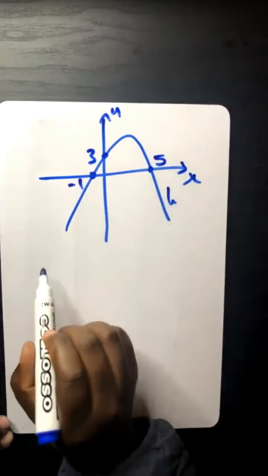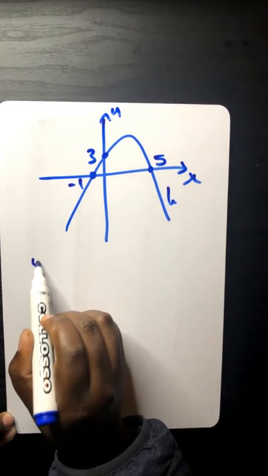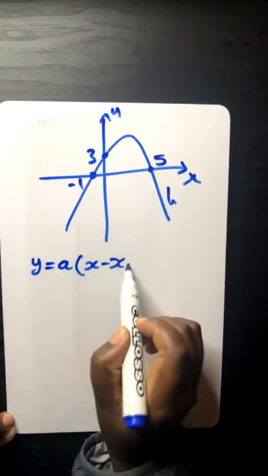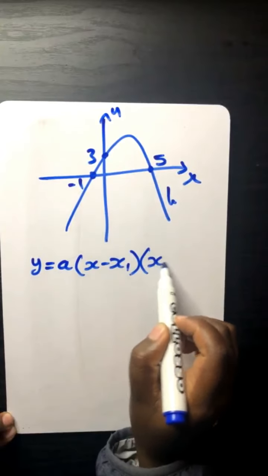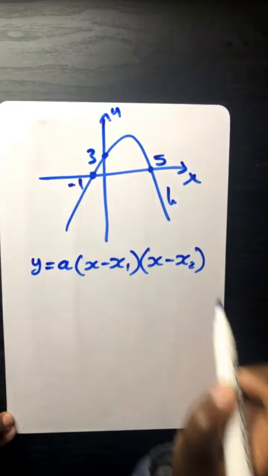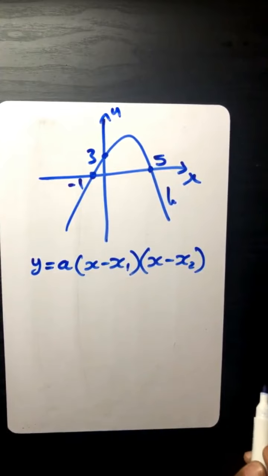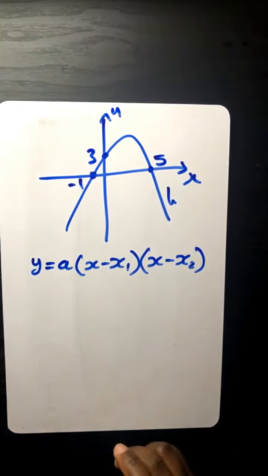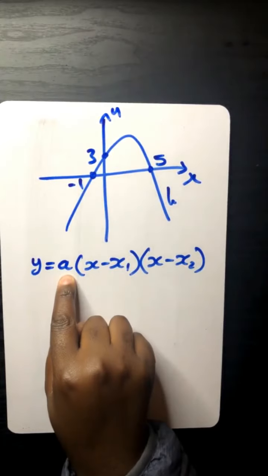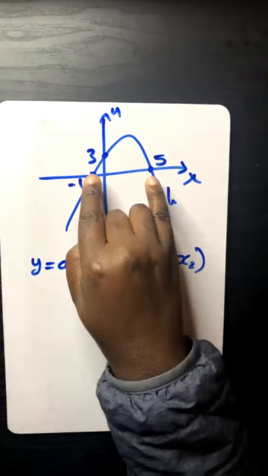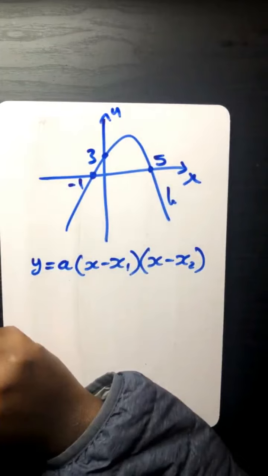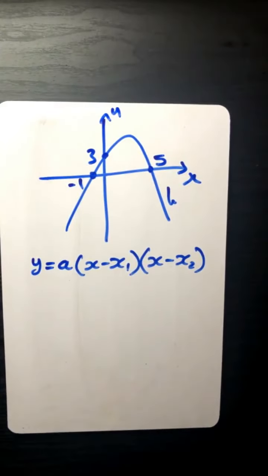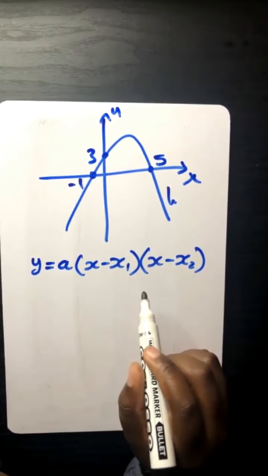So this is what I said, Lerato. You have y is equal to a into x minus x1, x minus x2. So just remember this formula from the notes that I've explained. I just want to explain to you how you get the a value if you are given 2 x-intercepts and 1 point.